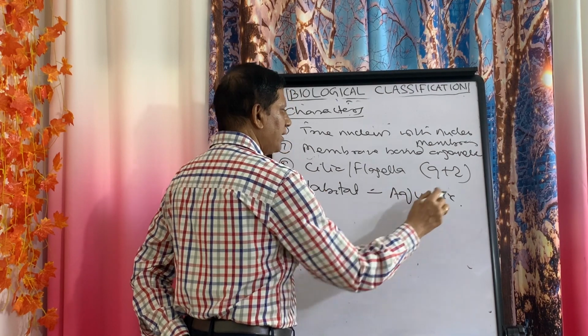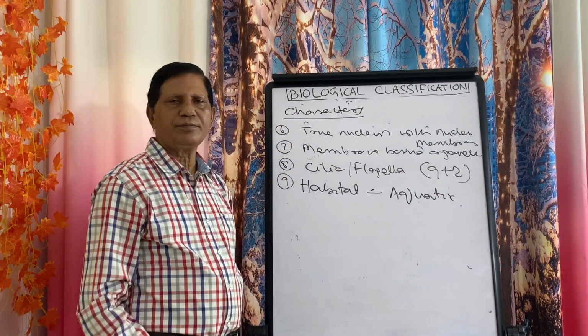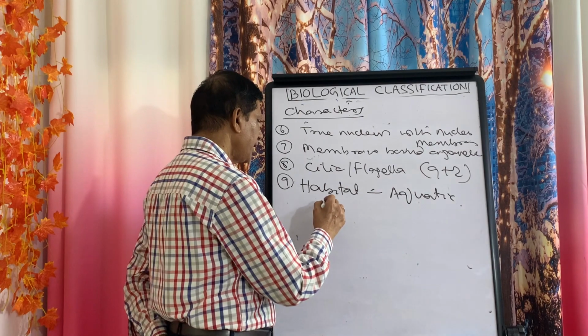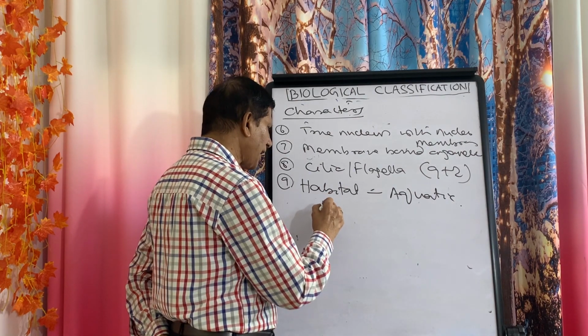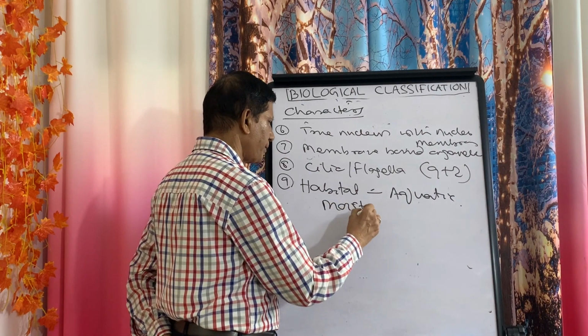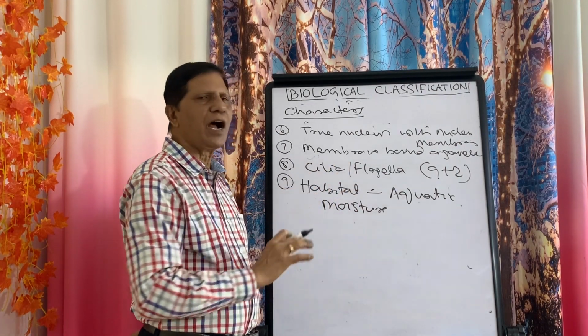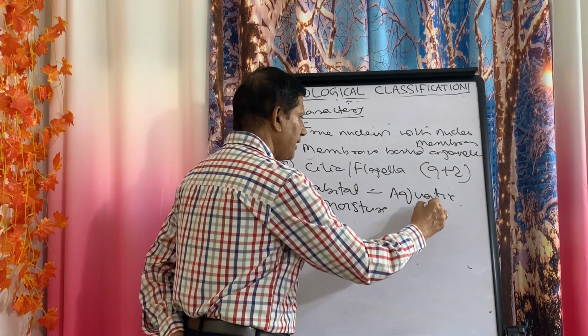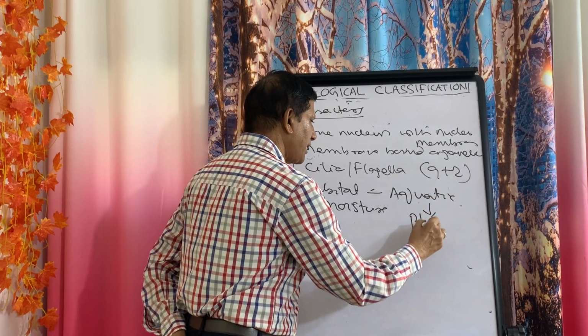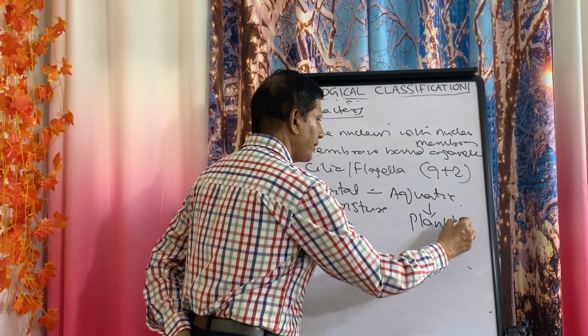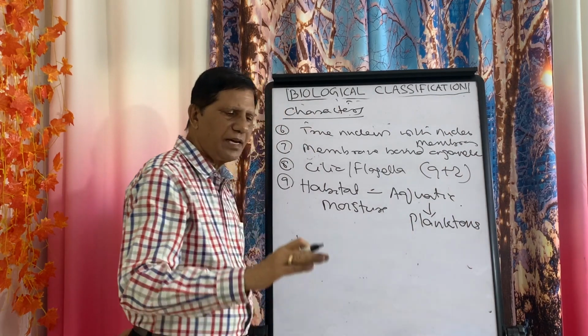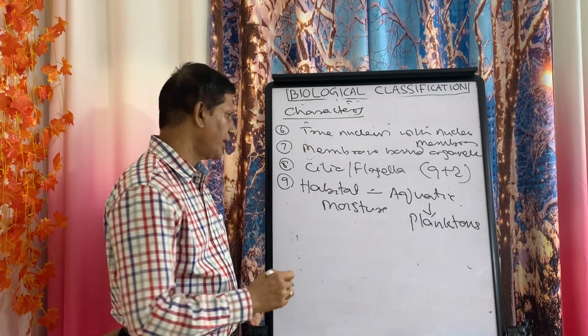That means they survive only in water, or even on land where there is moisture, if a sufficient amount of moisture is there. Otherwise they are completely aquatic, and they are present in the form of planktons.